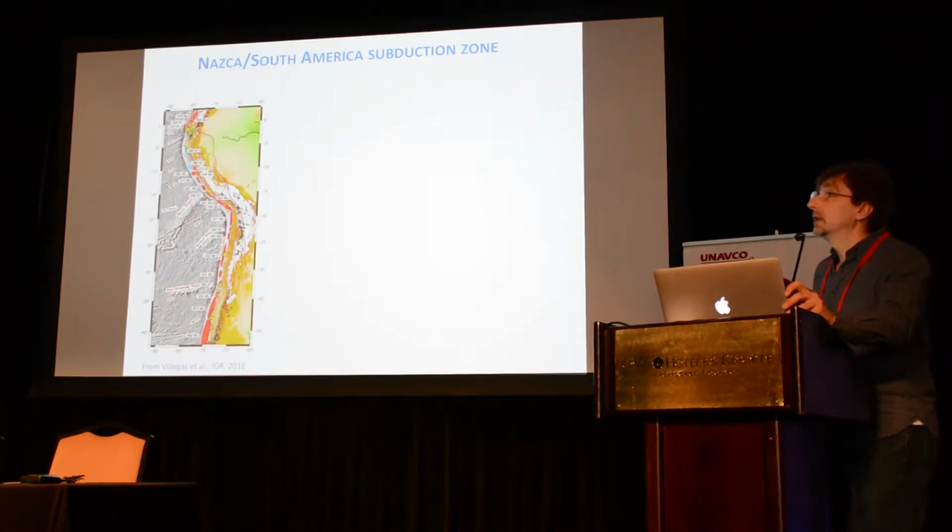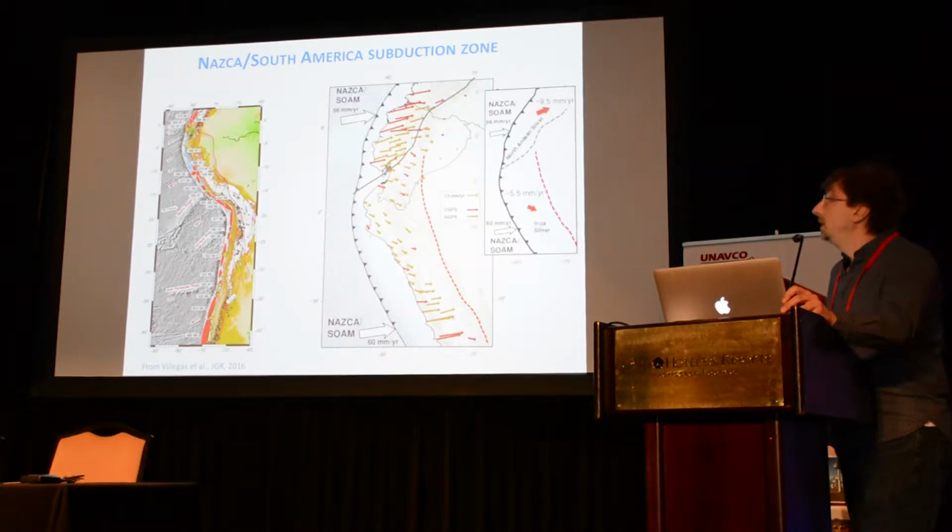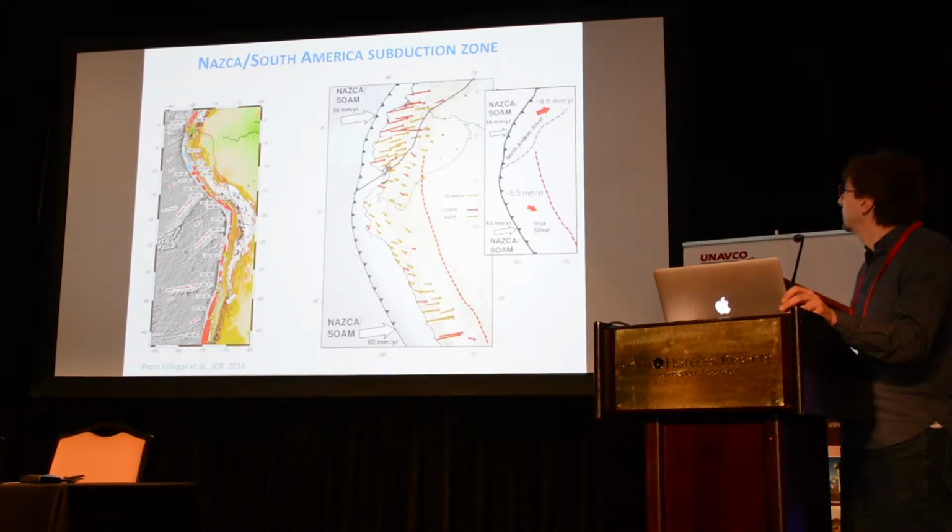So the area that we will be looking at is the subduction zone of South America, where the oceanic Nazca plate is subducting beneath the South American continent at a velocity of 6 to 7 centimeters per year. What we knew from previous studies, this shows a velocity field expressed in the stable South America reference frame.